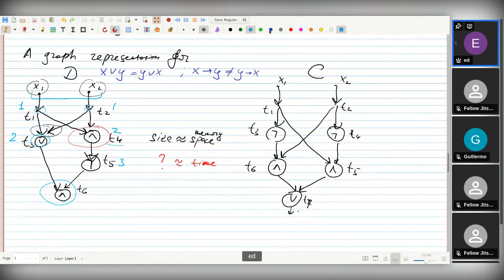Look, the first argument will give us the correct value after 2 seconds. But the second one must wait for 3 seconds. So what will be the time when T6 gives us the correct answer?